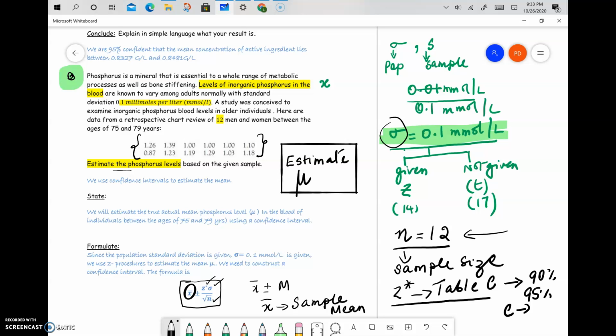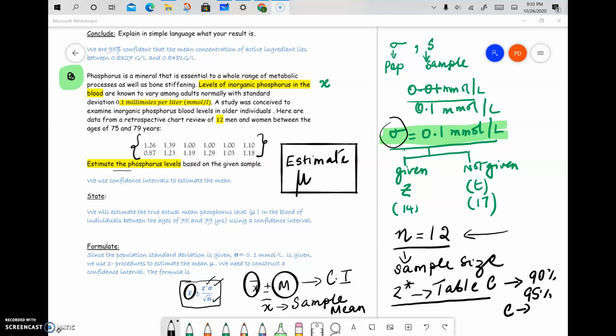Use the statistical function of your calculator to find X bar. And once you get X bar, Z star, sigma, and radical N, you can calculate the margin of error, which is Z star times sigma over radical N. And once you do the addition and subtraction, you get the two endpoints of the confidence interval. All you need to do is plug in the numbers into your calculator.